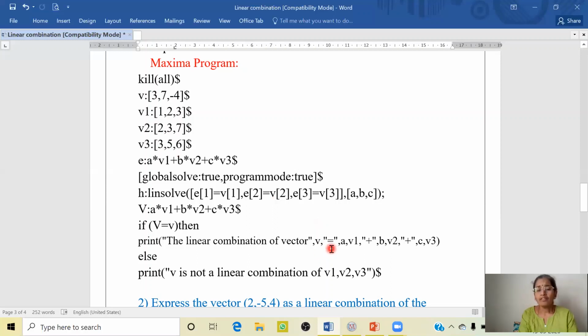So whatever we substitute within the double quotes is expressed in the output as it is, and the rest of them will be replaced by their values over here.